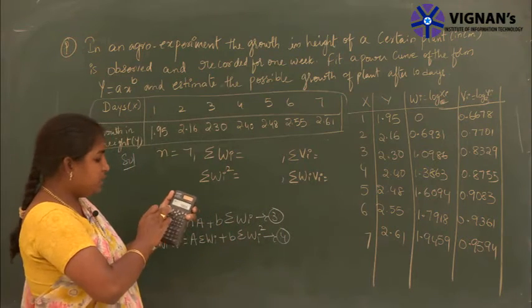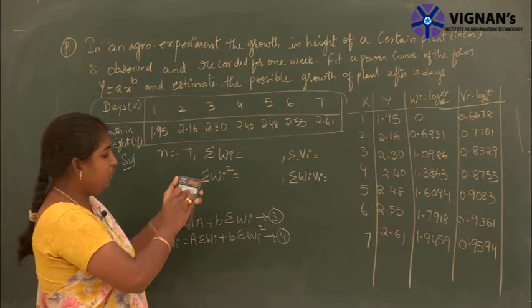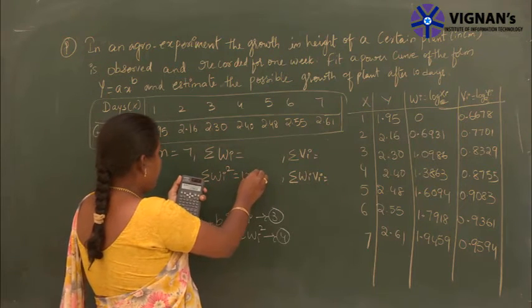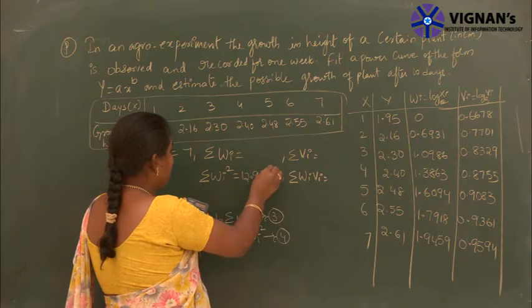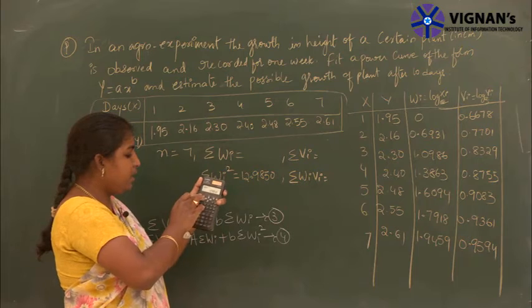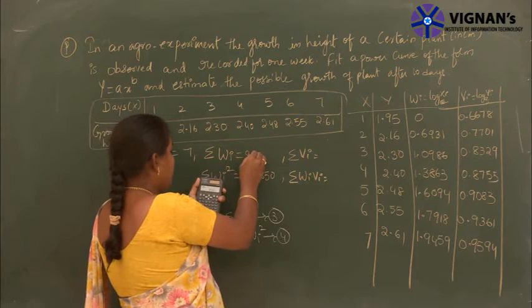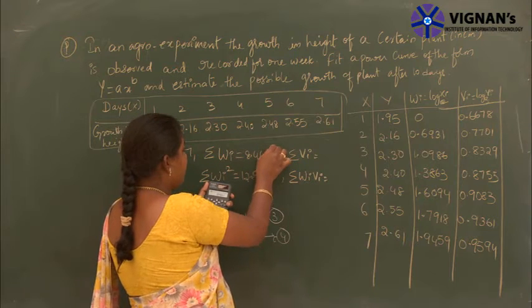For this, press shift 1, press 1 equal to, we get 12.9850 for summation wi square. Next for summation wi, shift 1, press 2 equal to 8.4651.